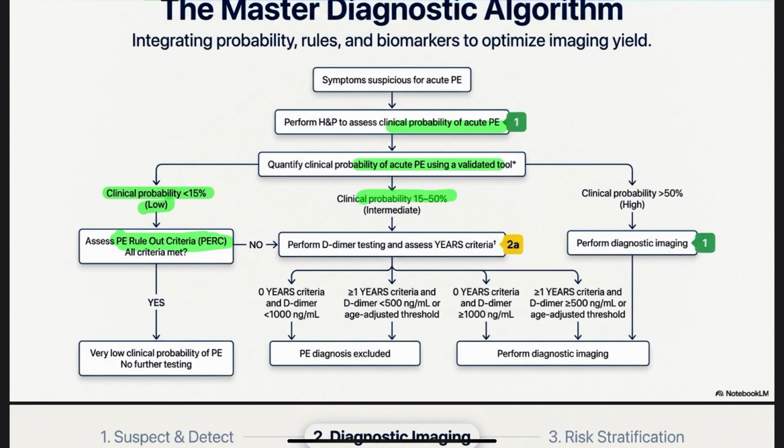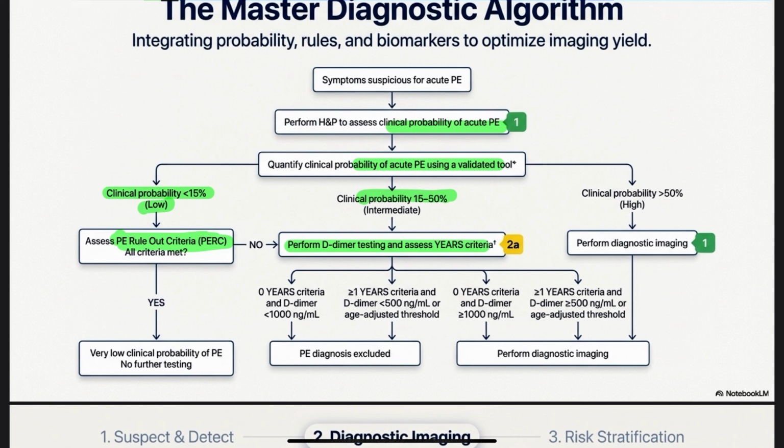Clinical probability is 15 to 50% if it is intermediate risk. For example, someone is having 4 to 11 in the Geneva score. They are the intermediate risk people. Here again, no need to apply the PERC criteria because the risk is already present. So you will do D-dimer testing and assess the YEARS criteria.